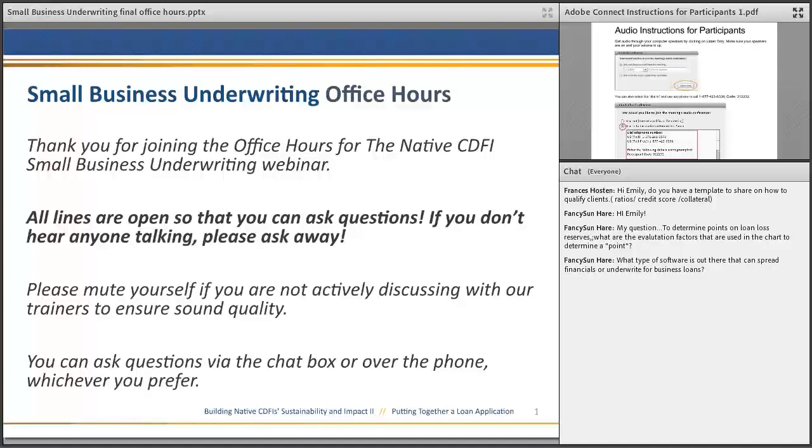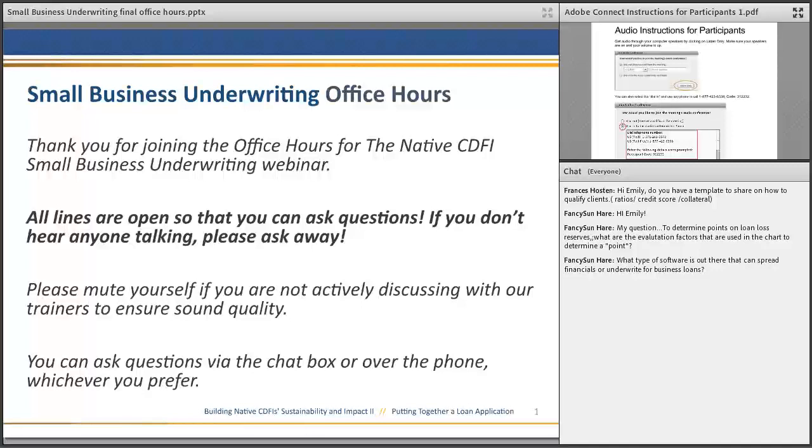Okay, Fancy Son has another question. What type of software is out there that can spread financials or underwrite for business loans? I'll be honest, I am not familiar with the software that's available. I found that most of our native CDFIs are going on their own on this one. I always spread financials in Excel.